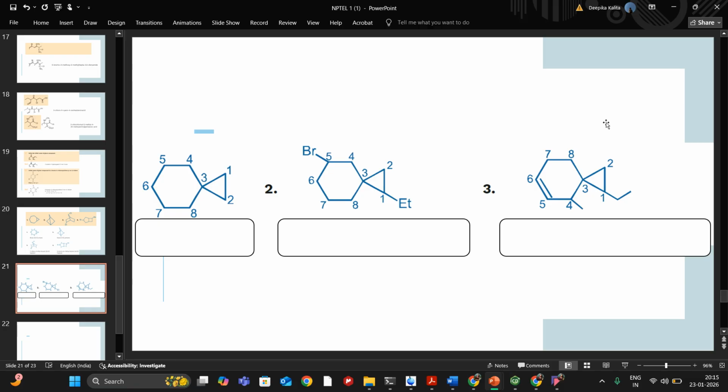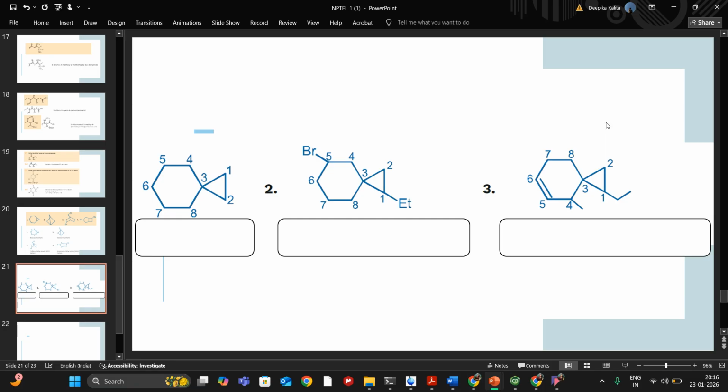While naming spirocyclic compounds, you must remember that the names will start with the prefix spiro, which will be followed by a bracket in which we again place the numbers present on both sides of the tertiary carbon atom of the spirocyclic ring, but the numbers will be placed in increasing order.